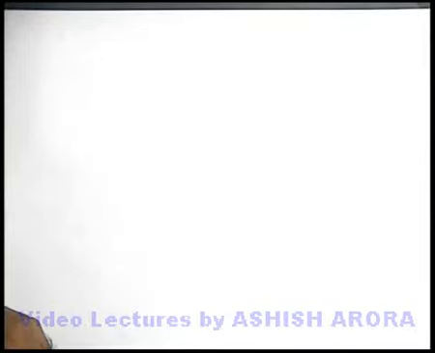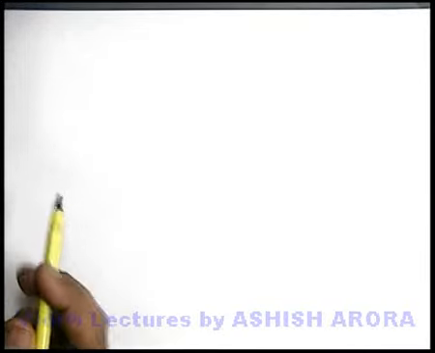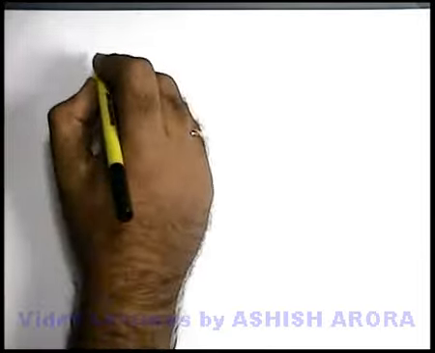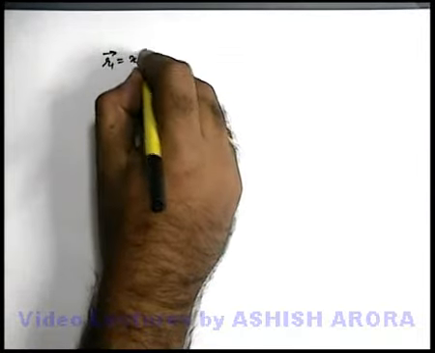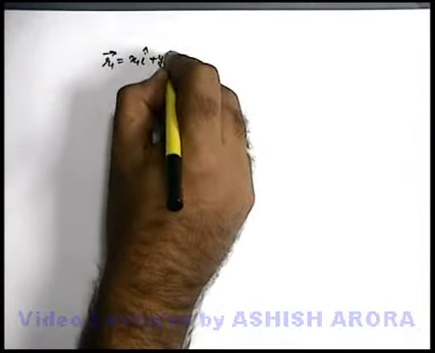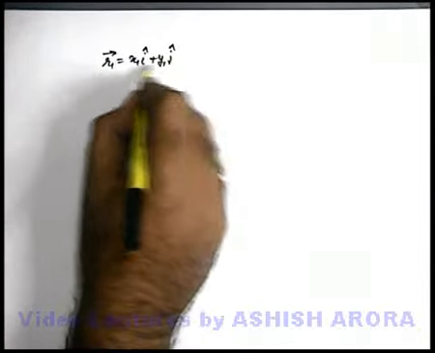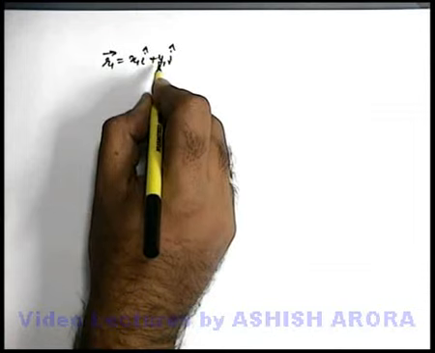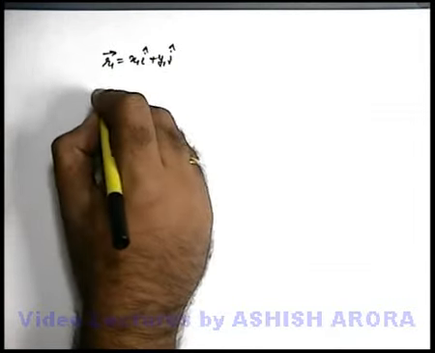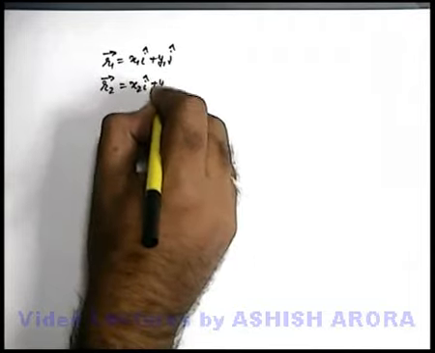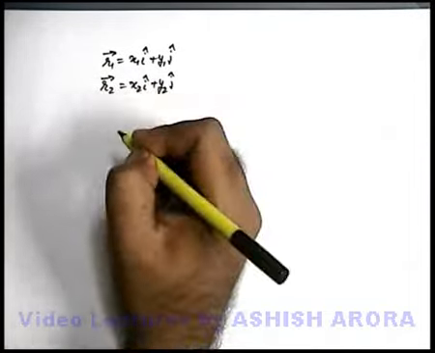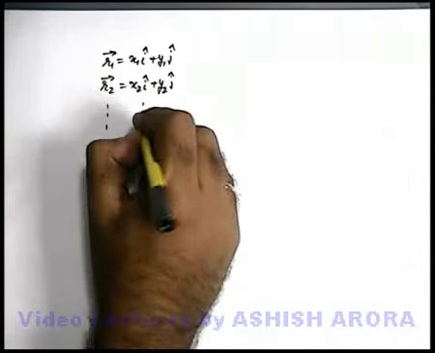Here, if we wish to calculate the coordinates of the center of mass, then we can write, say r1 is given as x1 i cap plus y1 j cap, where x1, y1 are the coordinates of the position of mass m1, and r2 is given as x2 i cap plus y2 j cap, and so on for all masses of the system.